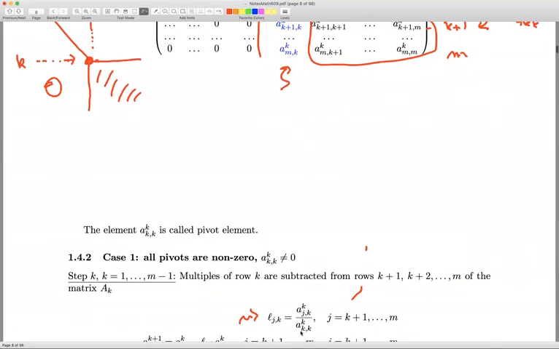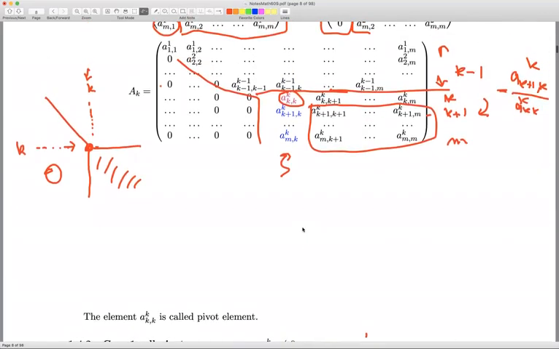So the numbers LJK will be all the numbers that have in the denominator AKK, and in the numerator they will have AJK when J is from K plus 1 to M. So how do we remember those? How do we get, for example, the number LK plus 1K? This number is this term divided by the corresponding pivot. So this will be AK plus 1KK divided by the pivot AKKK.